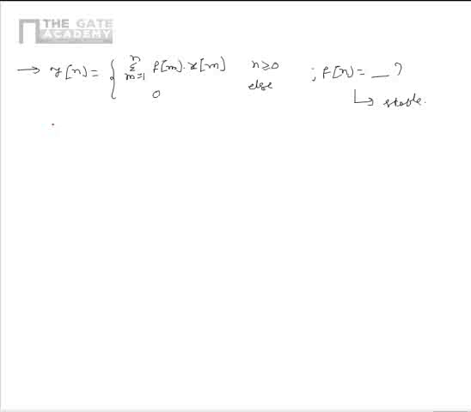It should be chosen from the four options given. Option A is n into u of n, option B is e power n multiplied by u of n, option C is sine of omega naught n multiplied by u of n, option D is e power minus n multiplied by u of n.